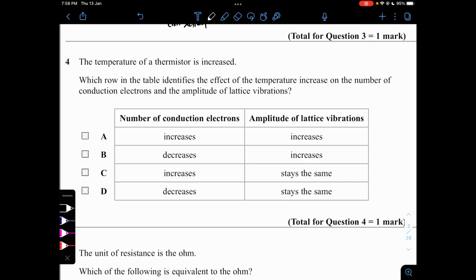I remember there's this acronym, TURD, T-U-R-D. What does it mean? When temperature goes up, resistance goes down. So temperature has increased, right? So our resistance goes down.